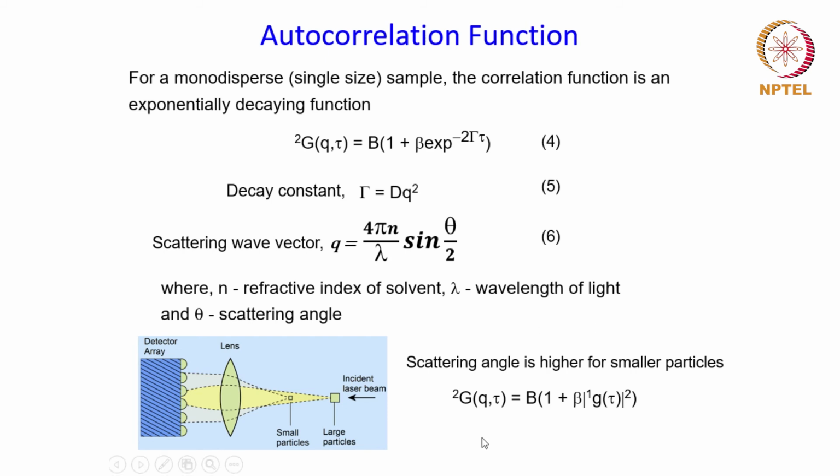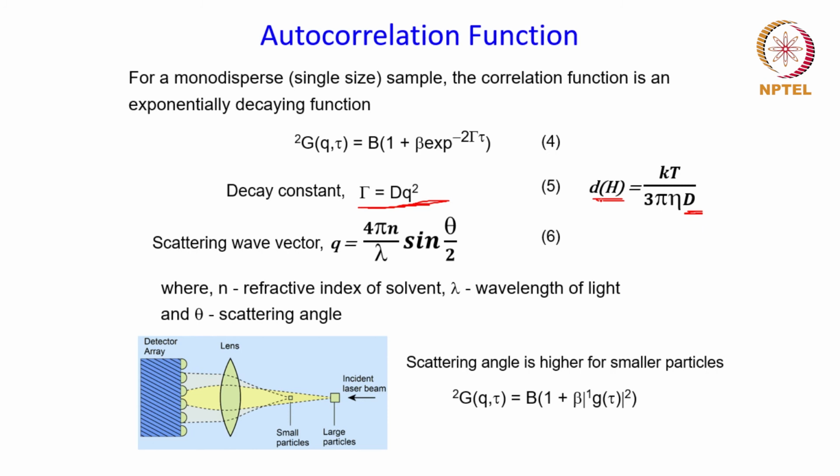So to summarize, we can say that the translational diffusion coefficient D, which is obtained by this autocorrelation analysis, can be simply put into that Stokes-Einstein equation here to derive the particle size.